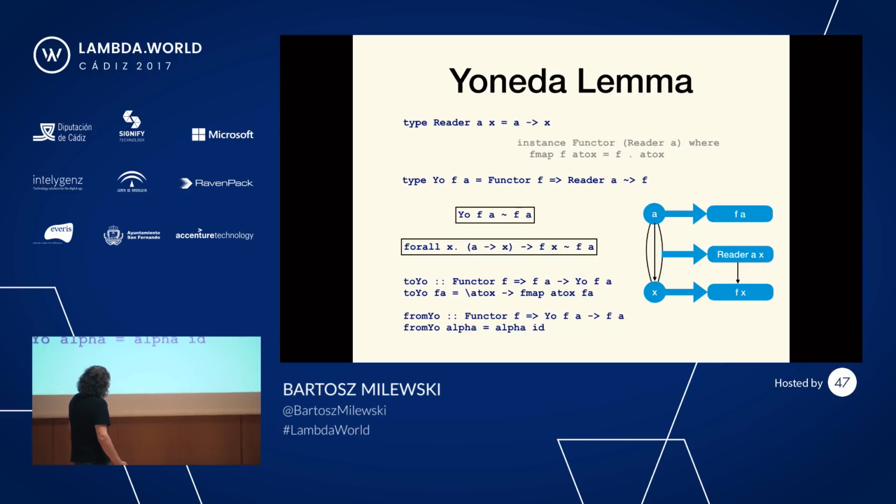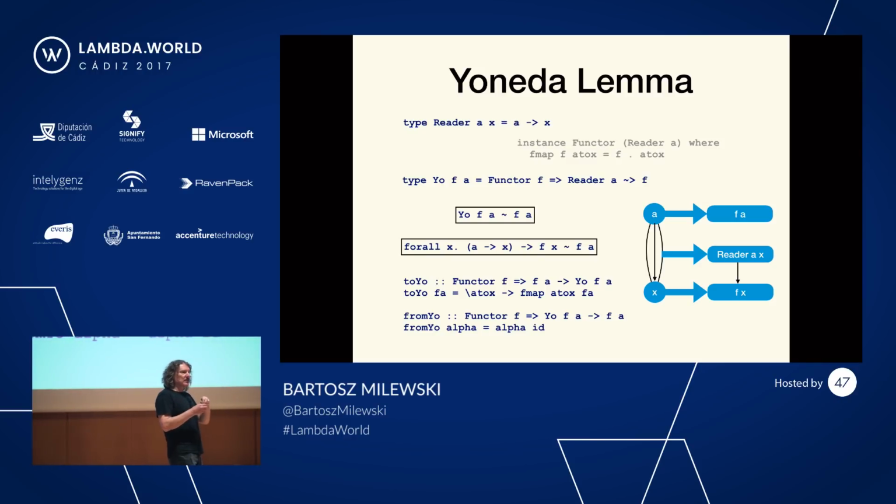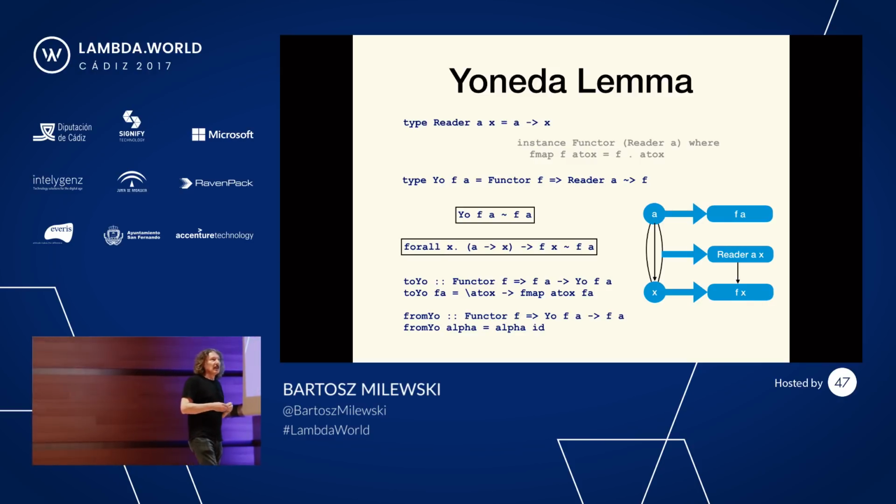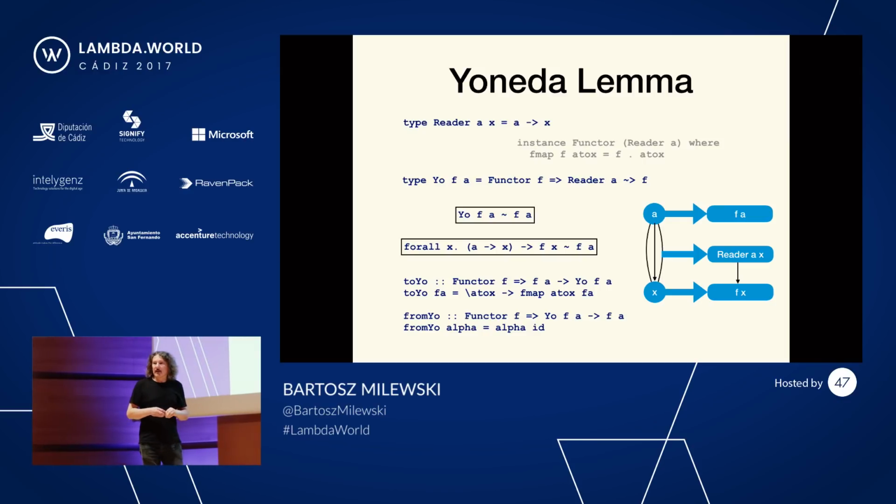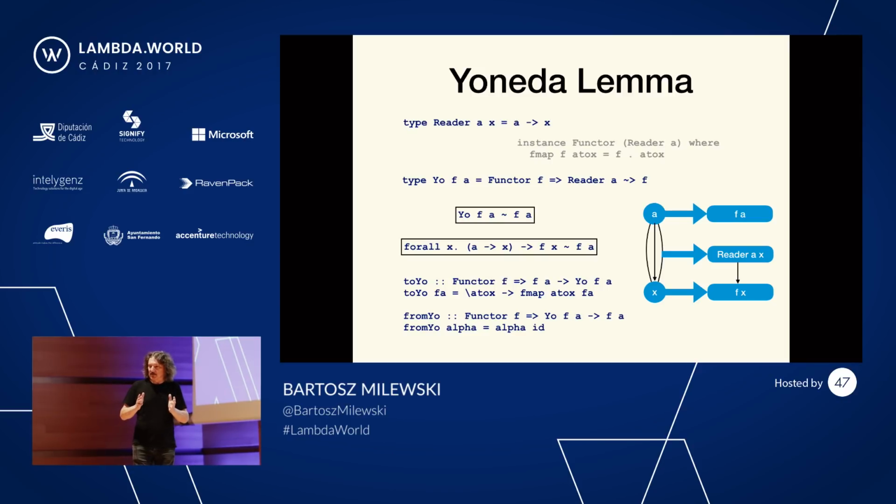Now, Yoneda lemma says that if you have any functor f, then first of all, you can get to this functor f from the reader functor. So reader functor is a very special functor because it has natural transformations to every other functor. And the set of these natural transformations between these two functors... So now remember, two functors, natural transformations, which is a polymorphic function, between two functors, right?